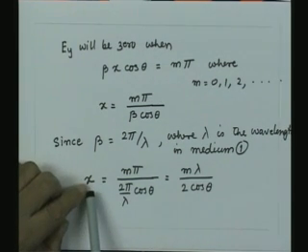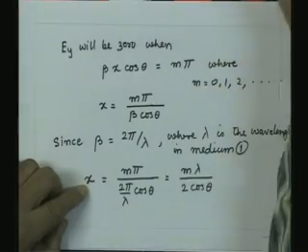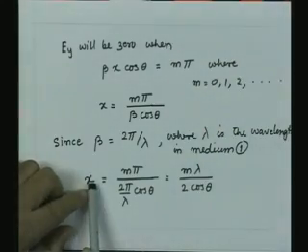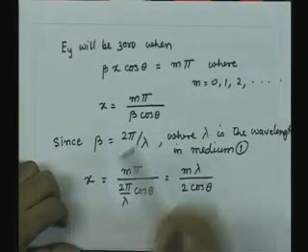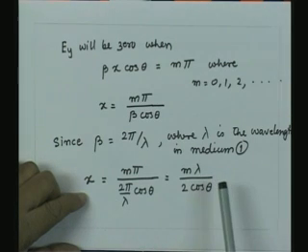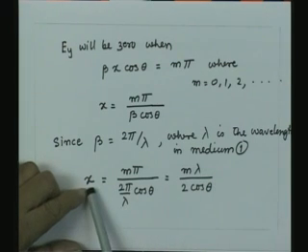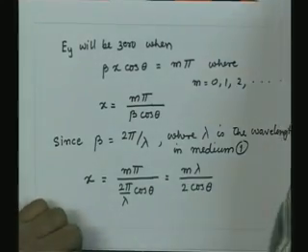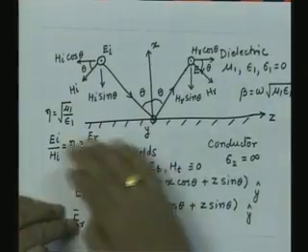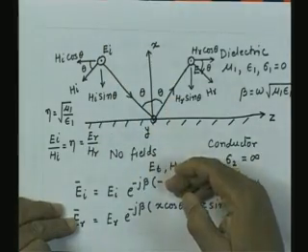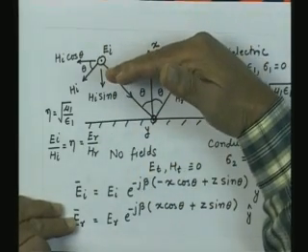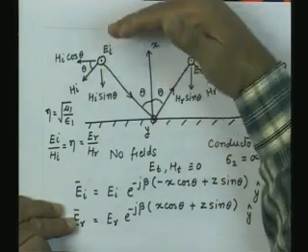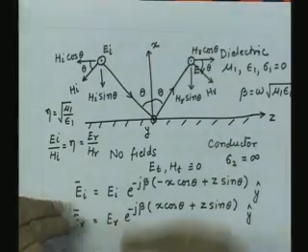So, at this distance x from the interface, the electric field will be 0, and this distance will depend upon at what angle the wave is launched on the interface. If the wave is launched at this angle, I may find some distance x at which the field will be 0, double of that again the field will be 0, and so on.